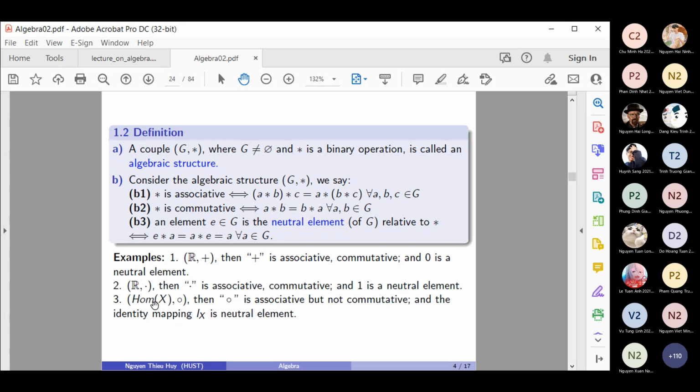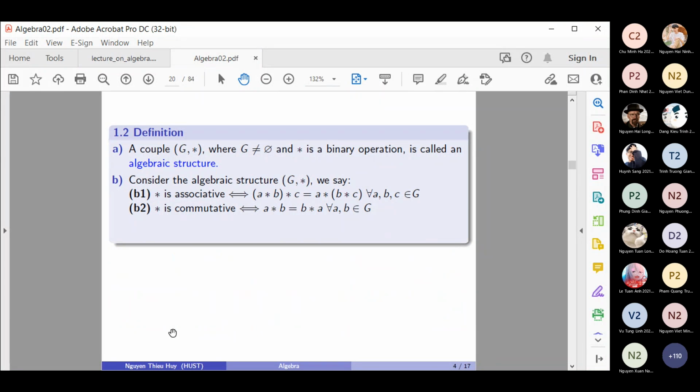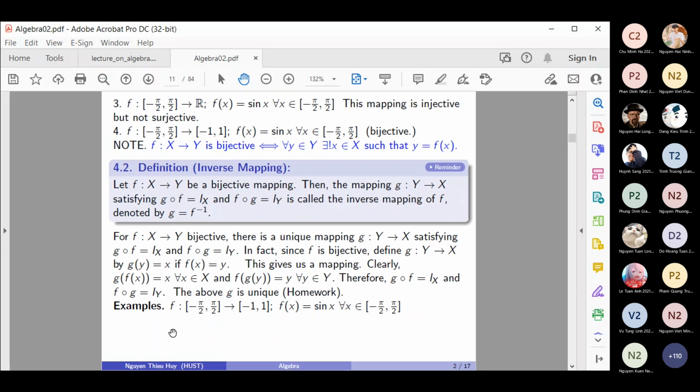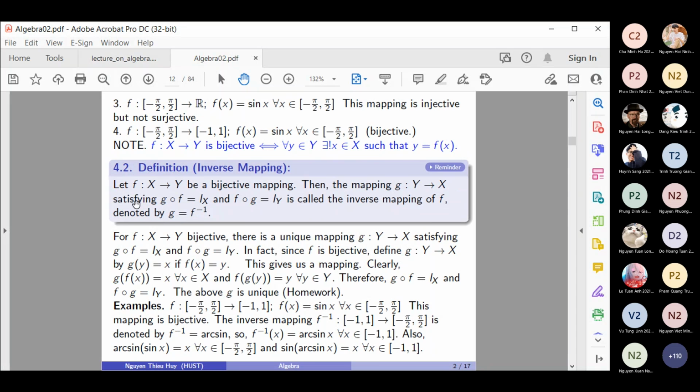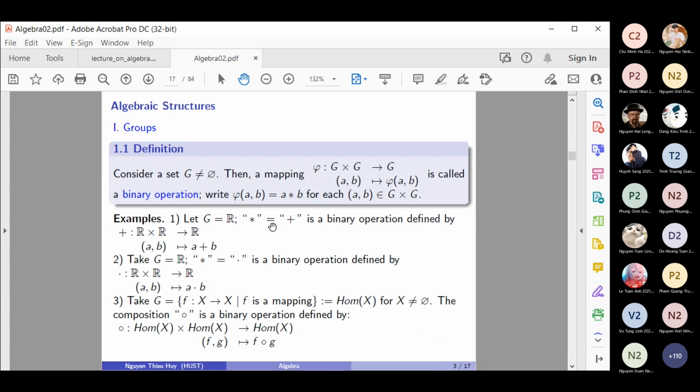But if you consider general mappings, then they may not have inverses. Because if you want a mapping to have an inverse, then the mapping has to be bijective, as I wanted to remind you at the beginning.